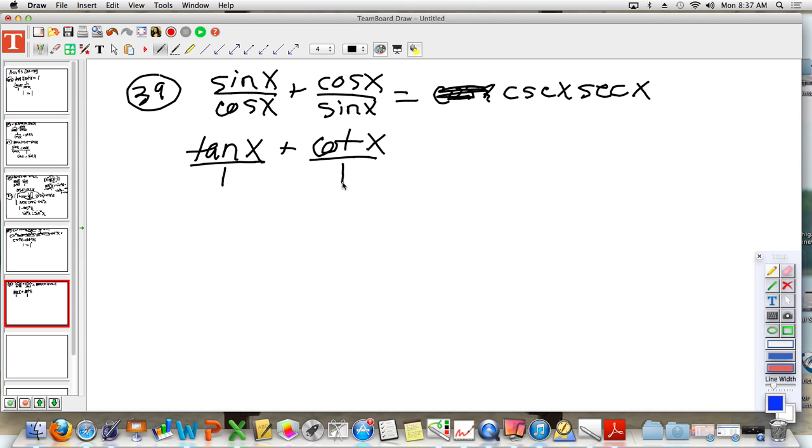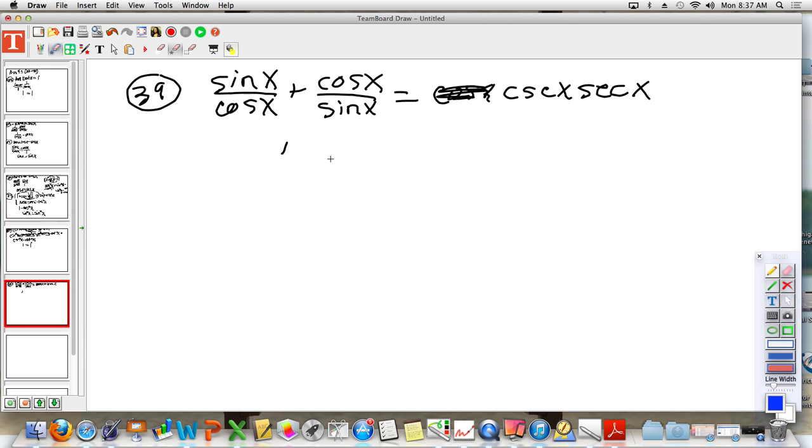But I don't see where that's going to get us, because we'd have to undo it. So we probably have to try something else. So what I'm going to do is erase this.